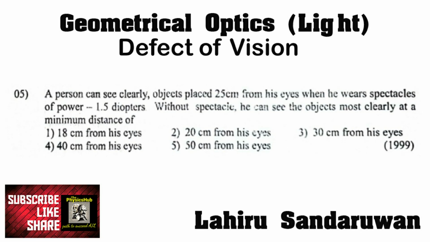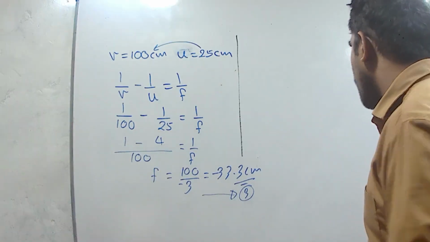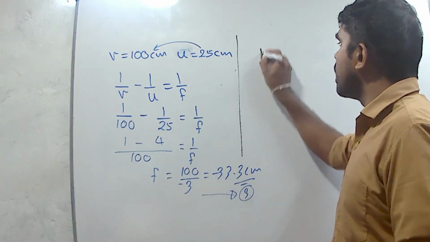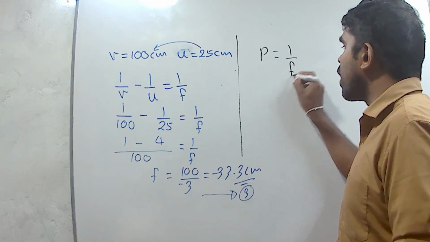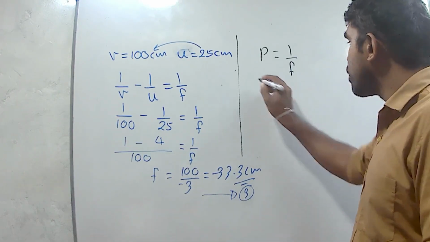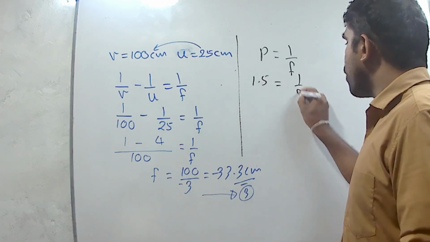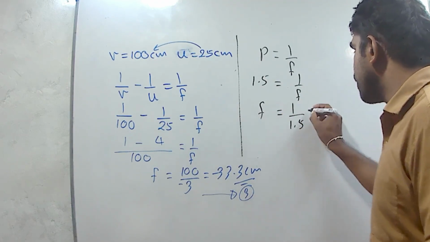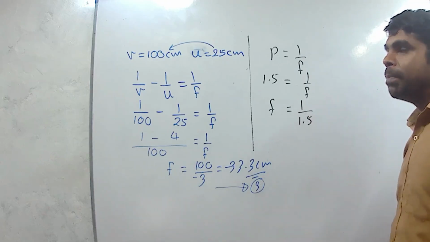Without spectacles, he can see the object most clearly at the minimum distance. I will find the focal length of the worn lens. They have given the power. Power is 1 over focal length. Power 1.5 diopters. Then focal length 1 over 1.5. This is in meters.